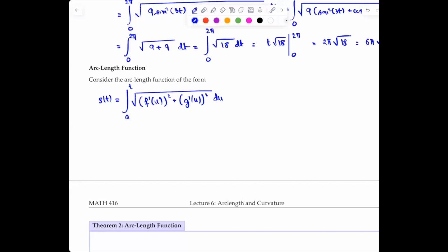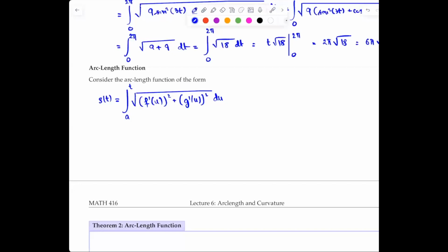Now, when you take the derivative of this vector valued function, you have r prime of t, and therefore you have f prime of t, g prime of t. You okay? And what is the name of this vector? Tangent vector. Okay, so now you have a tangent vector.